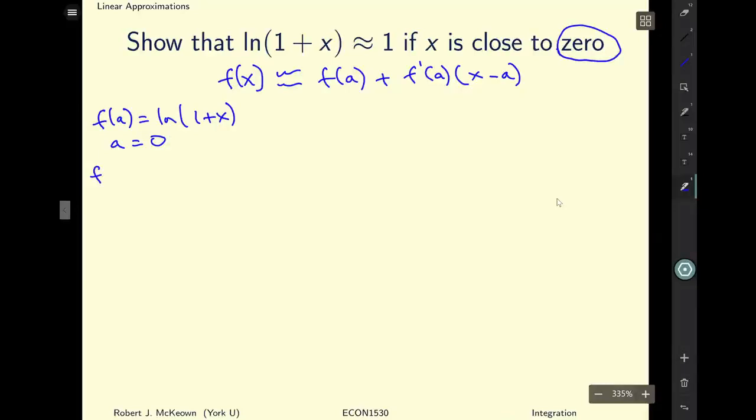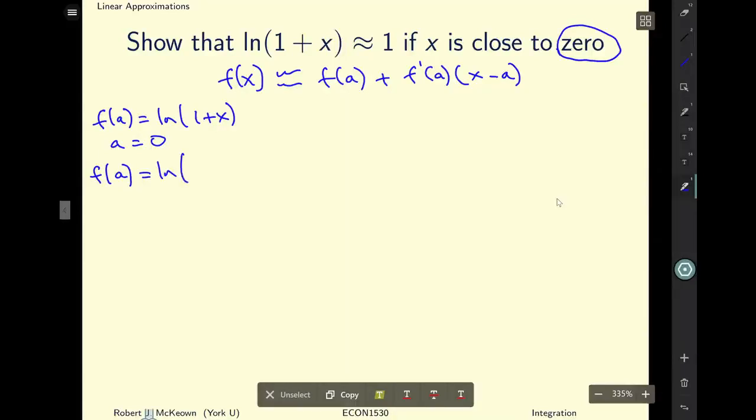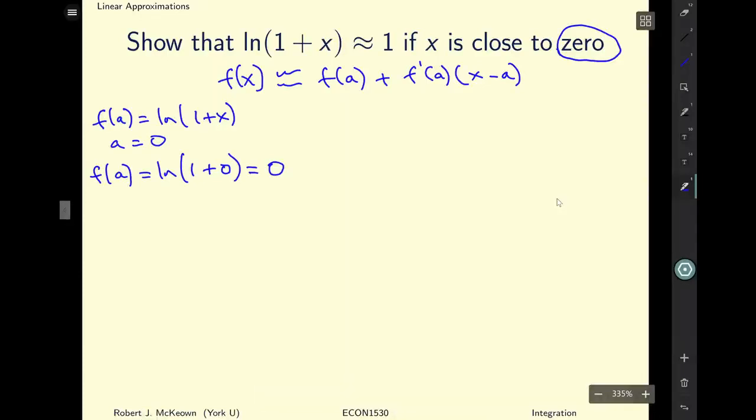So the question's not quite as explicit as maybe I would have liked. And so we have log 1 plus 0, and we know that's equal to 0. f prime of a is equal to, well, we're going to take the derivative of this thing here.